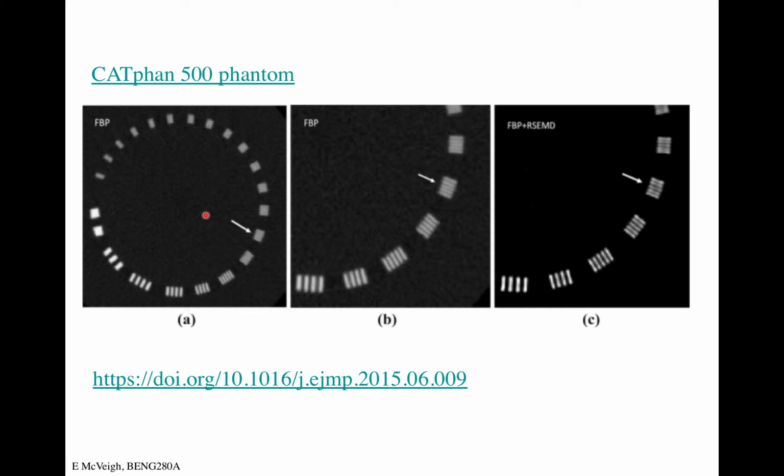So when you're looking at image quality, you actually want to be looking at image quality in and around the number of photons you expect to see in your patient, because it really affects things. If, on the other hand, you put stuff in your scanner and say, I'm going to test spatial resolution in air, you get great numbers, but it doesn't really reflect what you're going to see in a patient.